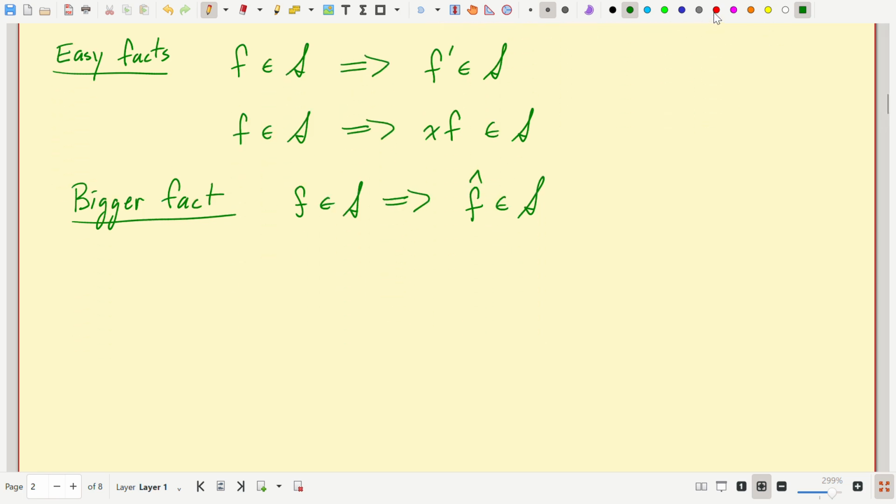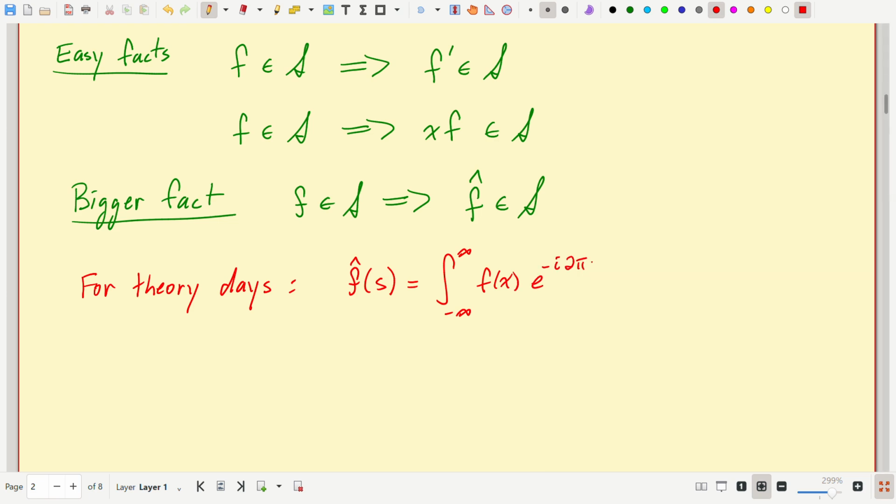Okay, so I should have mentioned that for theory days like today, the Fourier transform of f is going to be the integral from minus infinity to infinity of f of x e to the minus i 2 pi s x dx.